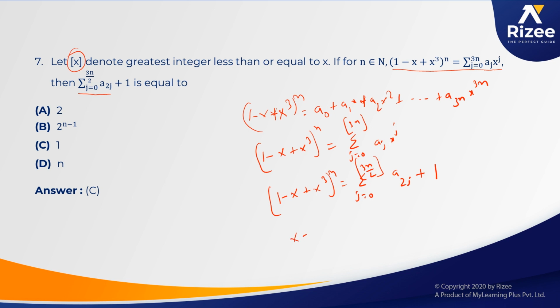First put x is equals to 1 in equation 1, and after x is equals to minus 1 we get another equation. By solving these two we get the answer 1.